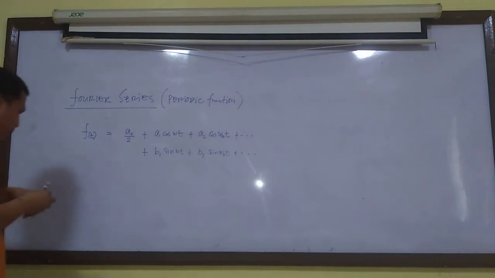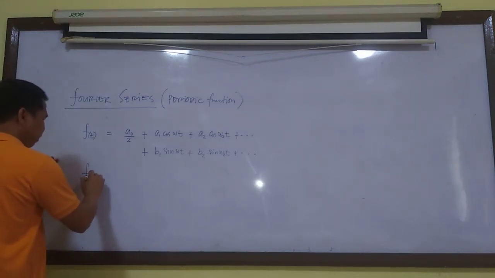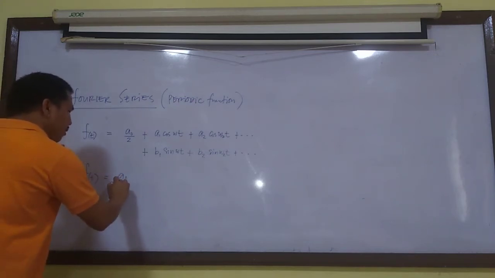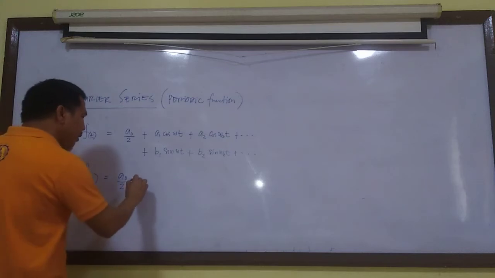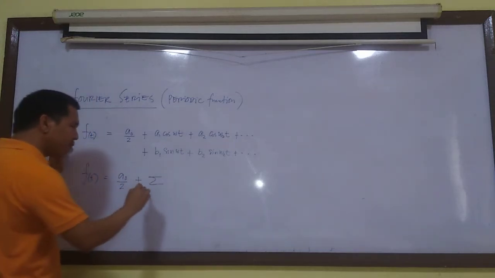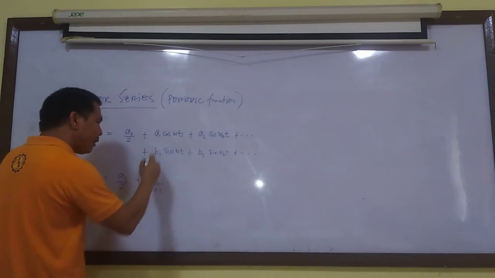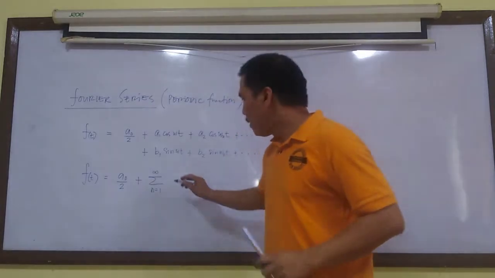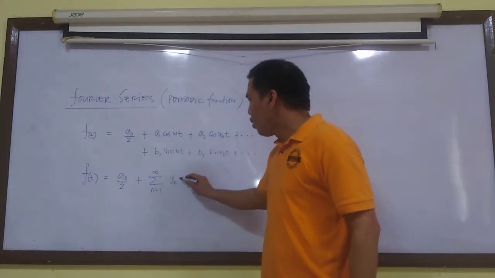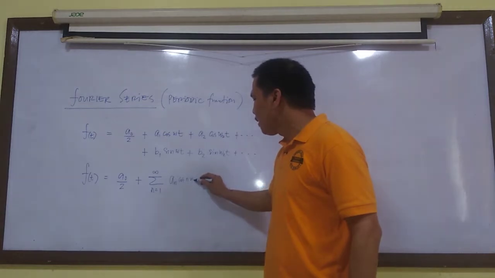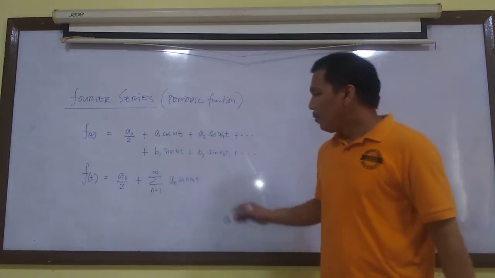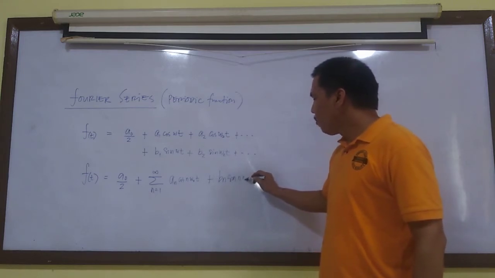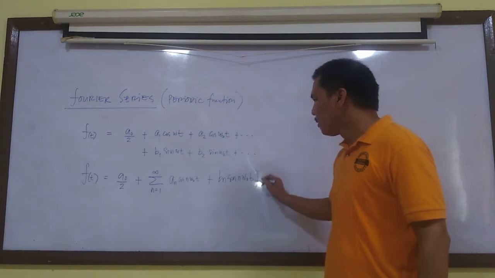Mathematically, the Fourier series can now be written in sigma notation: a0 over 2 plus the sum from n equals 1 up to n equals infinity of a sub n cosine of n omega 0 times t plus b sub n sine of n omega 0 times t.